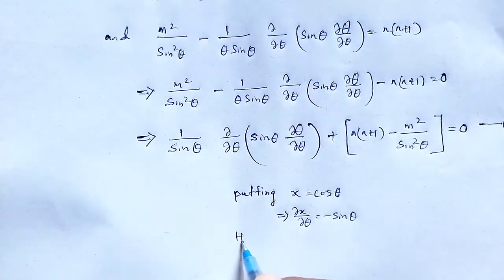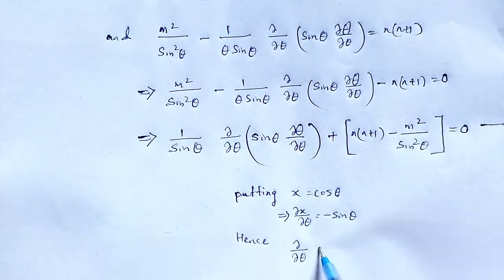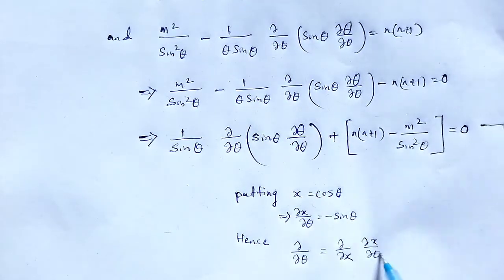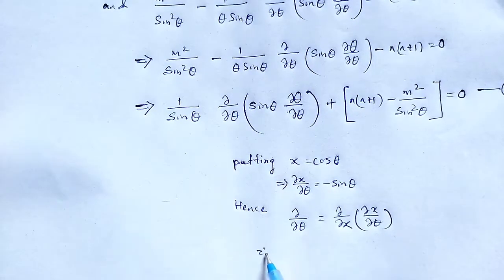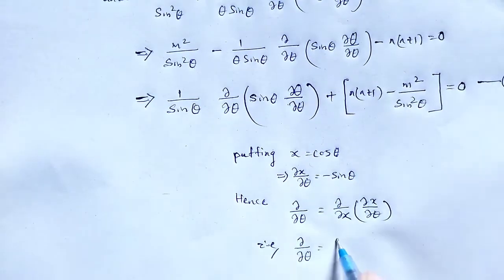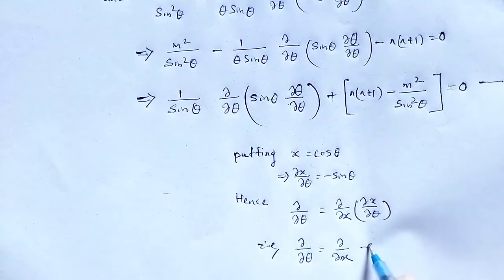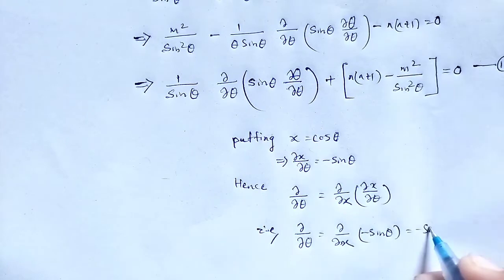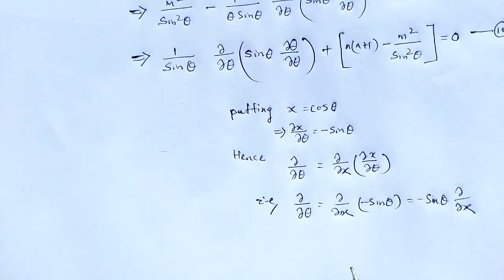Hence del by del theta can be written as del by del x times del x by del theta, that is, minus sin theta del by del x.